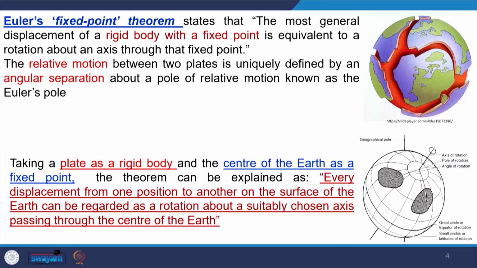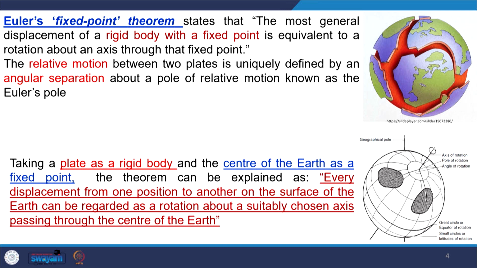Euler's fixed point theorem says that the most general displacement of a rigid body with a fixed point is equivalent to a rotation about an axis through that fixed point, and the relative motion between two plates is uniquely defined by the angular separation about the pole of relative motion, known as the Euler's pole.